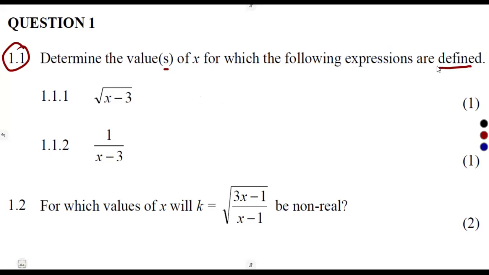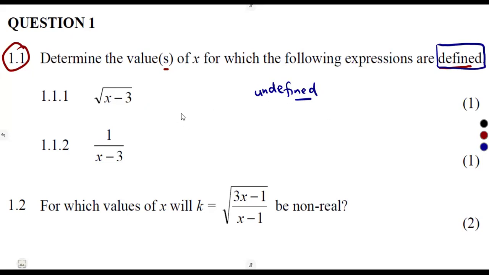When we are saying it is defined, that is, we can evaluate them for those values of x. We can be able to evaluate this. So what you just ask yourself is, what makes this square root to be undefined? Because we need a condition when it is defined, when we can evaluate it.